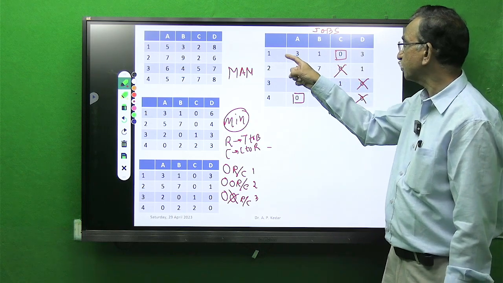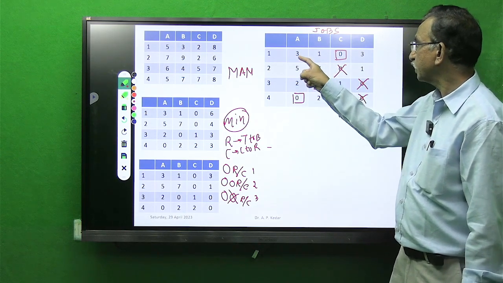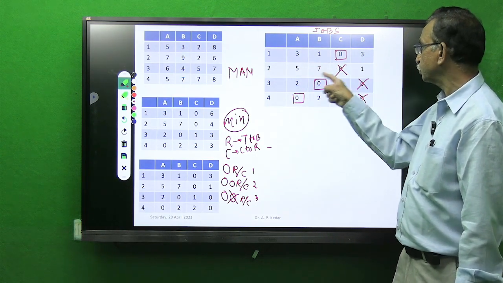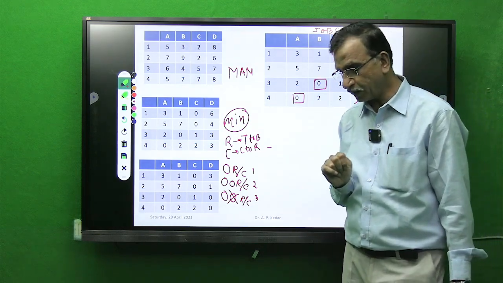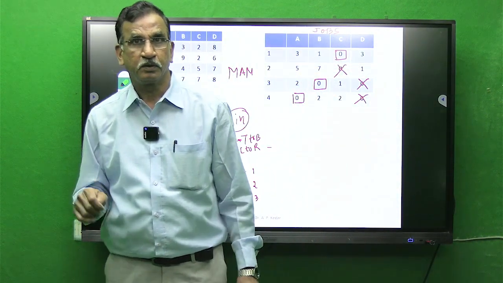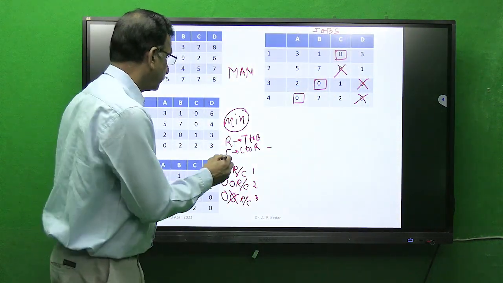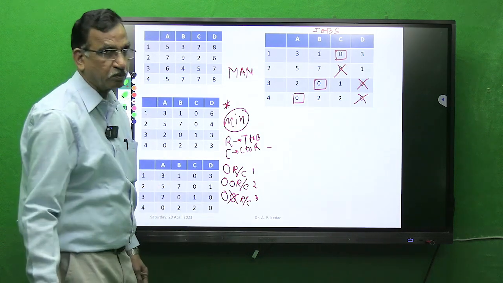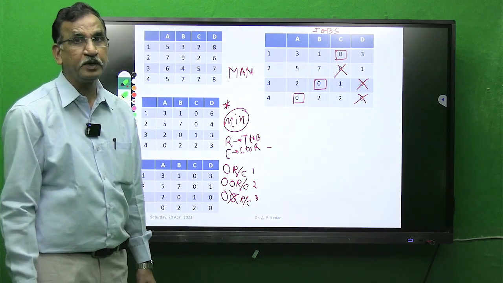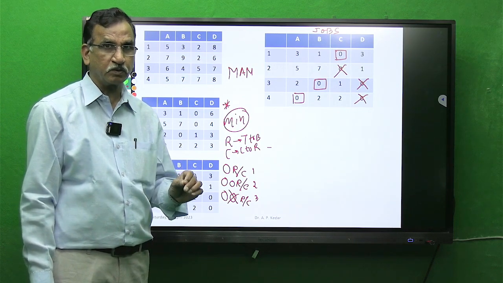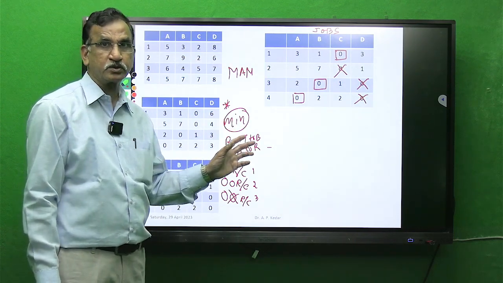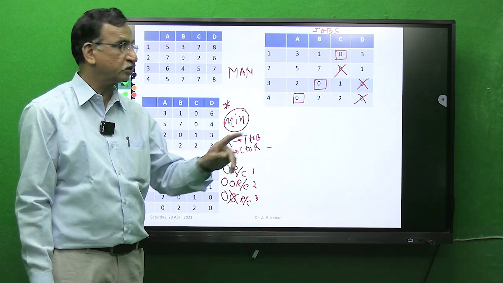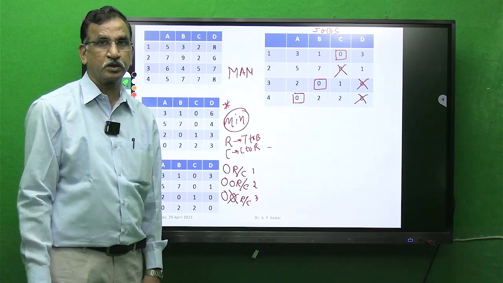One may say, sir, okay, I will draw horizontal lines covering all zeros. 1, 2, 3, 4. 4 lines covering all zeros. But students, the point of interest is that the number of lines should be minimum. I am again stressing the word, minimum number of lines covering all zeros. If that is equal to the size of the matrix, the solution is optimal.